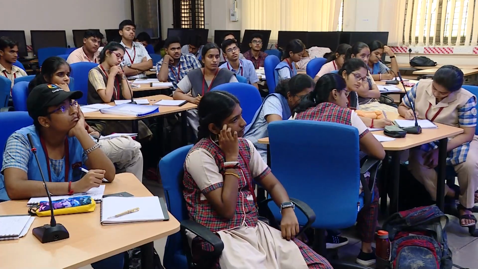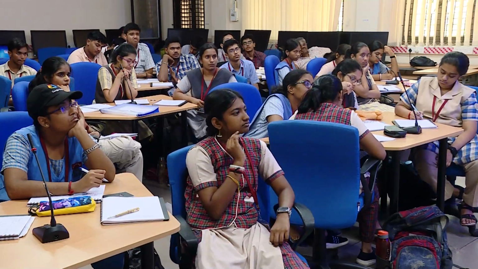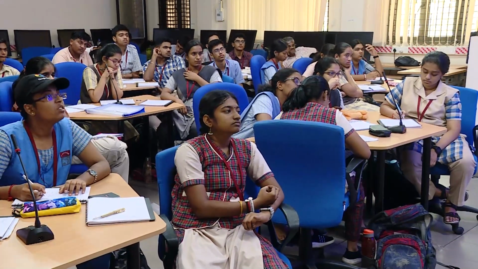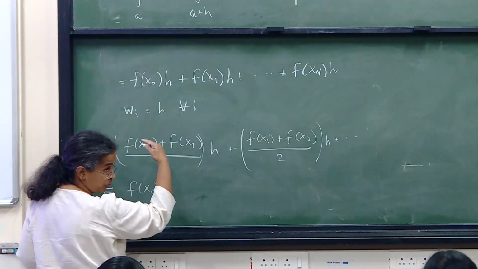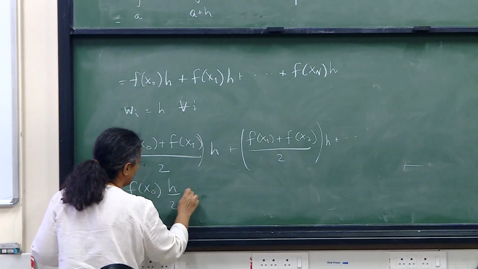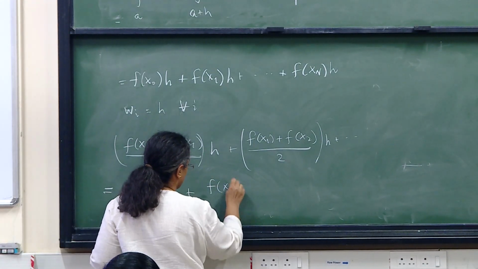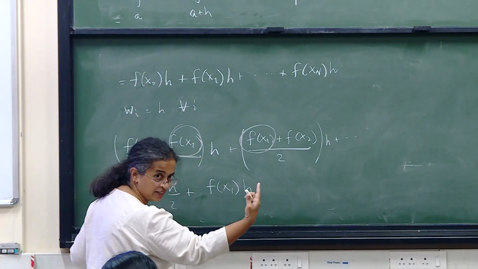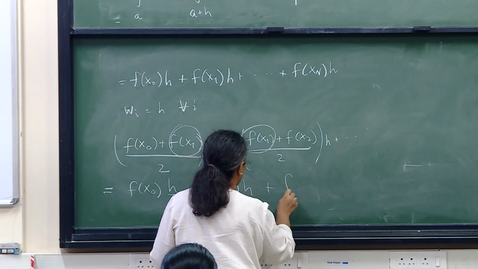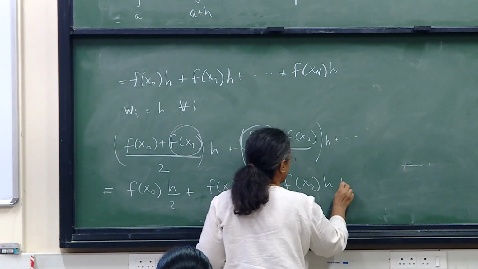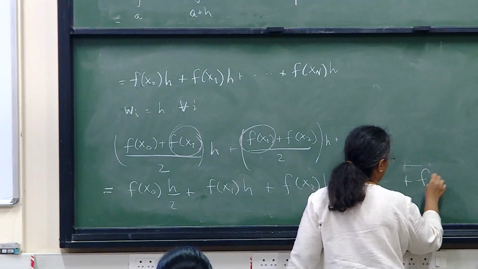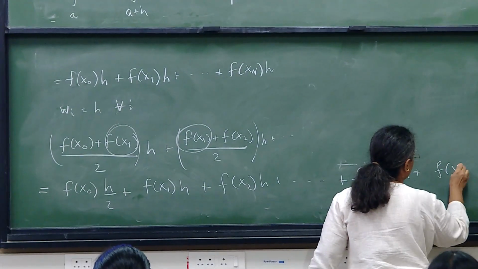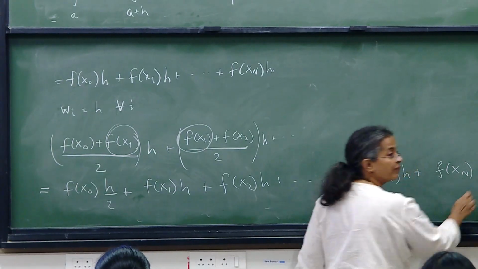So now again I have an integration rule. What is my rule now? If I approximate it by a straight line, then I'll have f of x0, which is the end point, times h by 2, plus f of x1 into h, because this gets contribution from both the first and the second interval, it is sitting at the midpoint, plus f of x2 into h plus etc., f of x n minus 1 into h, plus f of xn into h by 2.